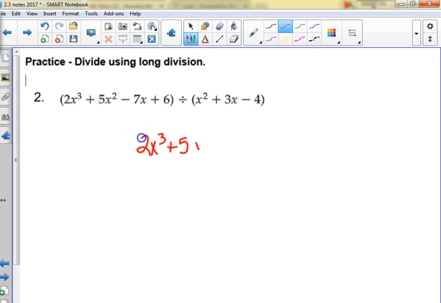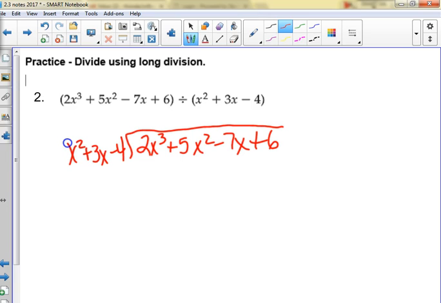2x cubed plus 5x squared minus 7x plus 6 divided by x squared plus 3x minus 4. Anybody? What do you got? Or just tell me what to do for the first step here. Good job.